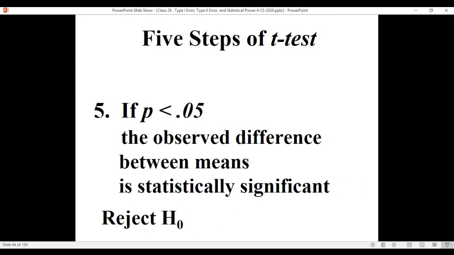Instead, the two population means really are different from each other. Instead of the null hypothesis, we accept the alternative hypothesis. The alternative hypothesis states that the population means are different.